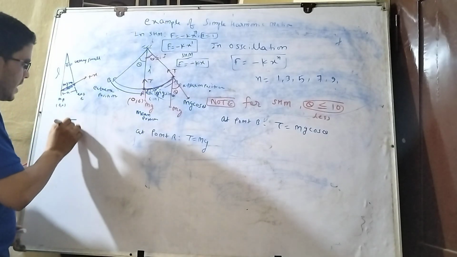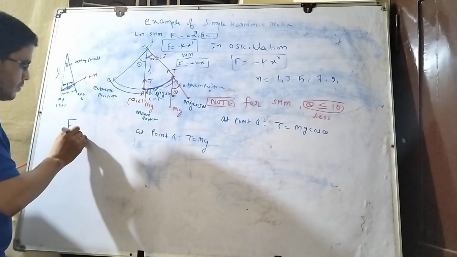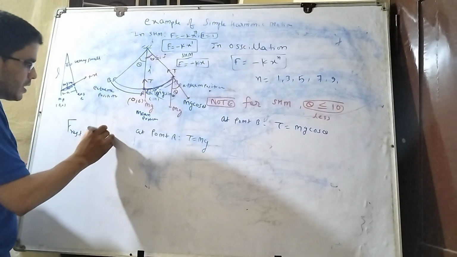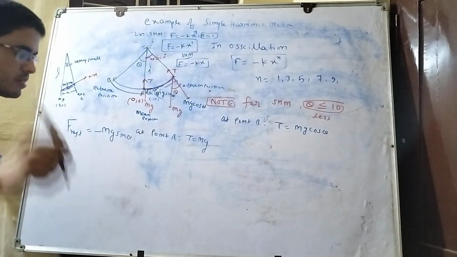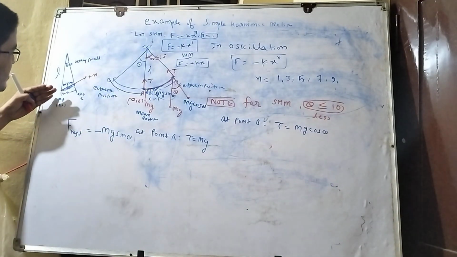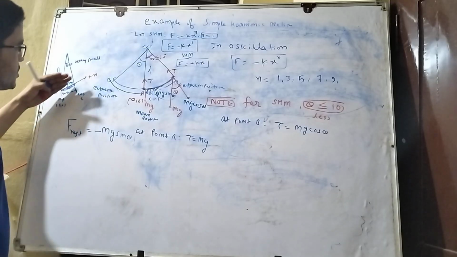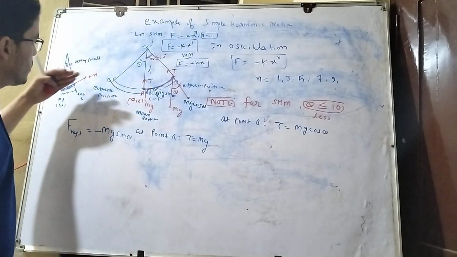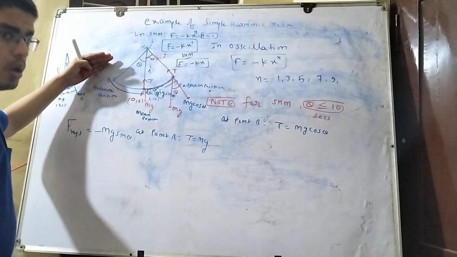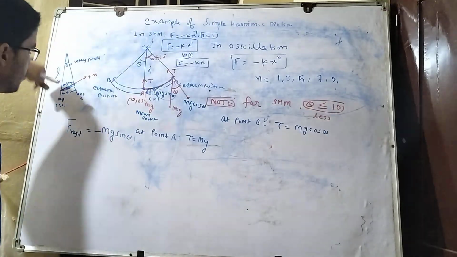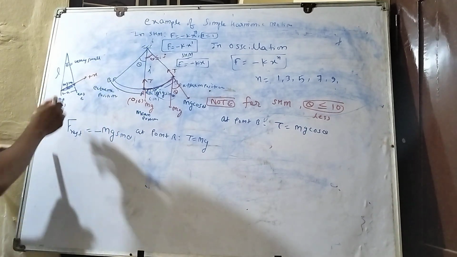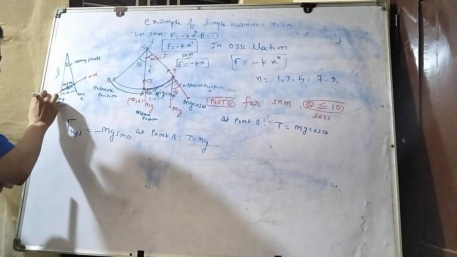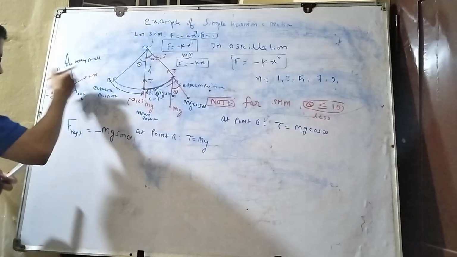Can we write restoring force equals mg sin theta, but here with a minus? Why minus? Because suppose that is the positive direction, the restoring force will be opposite, in the direction of minus x.